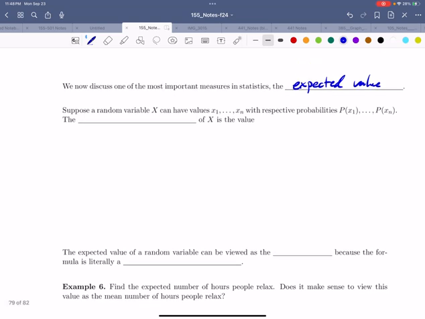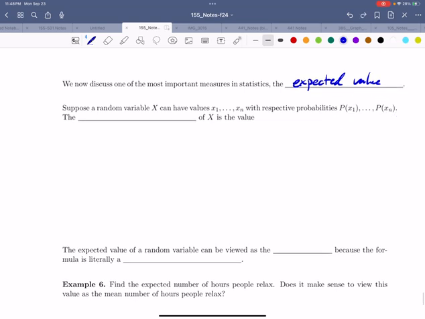So suppose that we have a random variable, big X, and it can have values little x1 through little xn. It's finite, and each value has the respective probabilities. The expected value of big X is the value.